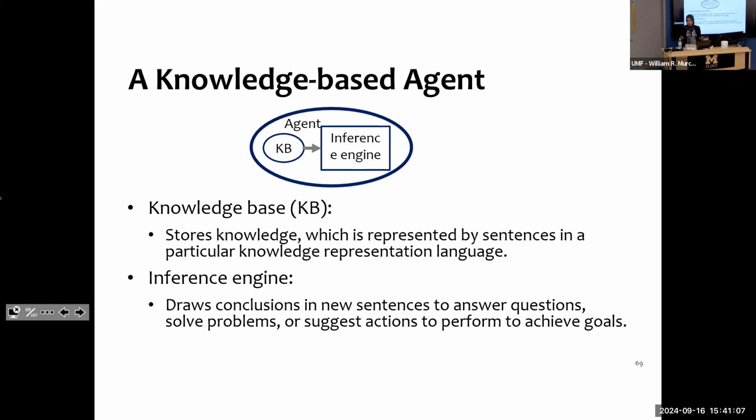So now, is that clear? We are moving from the abstract definition of an agent towards a definition motivated by a knowledge base and an inference engine. In all cases, it's not enough to have data or information.